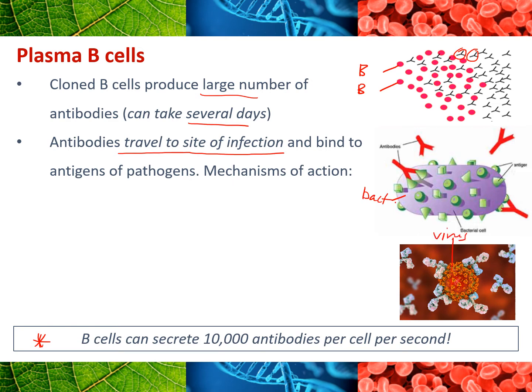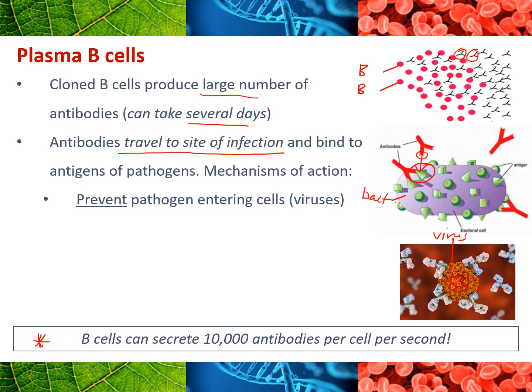When they find those pathogens, they will bind to the antigens. So the antigen site, which we'll go through in a second, will bind to the antigens on the surface of the pathogen. There's a few different things that they will do to basically destroy that pathogen. If it's a virus, remember, viruses need to get inside our cells to reproduce.